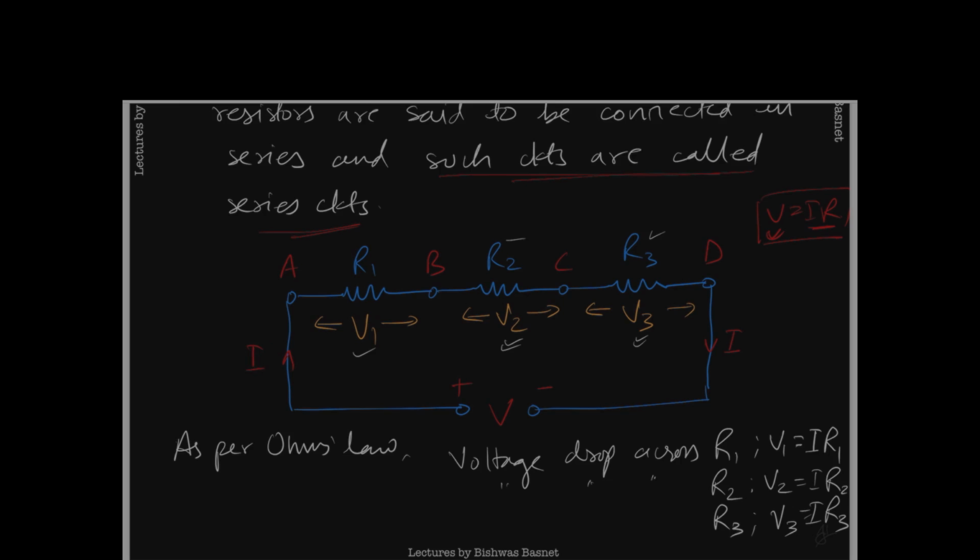And if you look at it just from observation, you can say that there is a single path and nothing else. So, a single path means the path for the current. It's traveling through R1. The same current is traveling through R2. The same current is traveling through R3 because there is no alternate path, right? It's pretty simple.